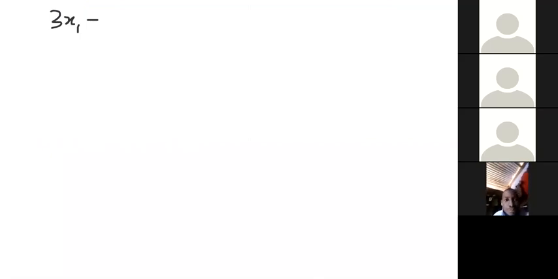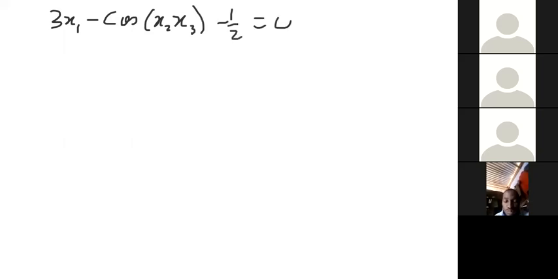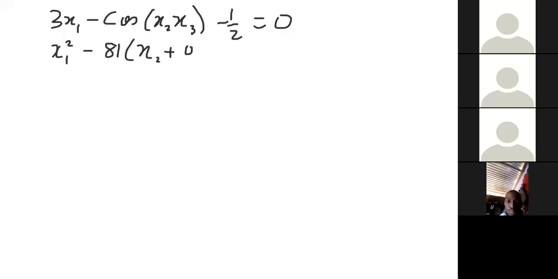So the first equation of this system is given by 3x1 minus cos(x2 x3) minus 1/2 is equal to 0. Then I have x1 squared minus 81 times (x2 plus 0.1) squared, plus sin x3 plus 1.06 is equal to 0.